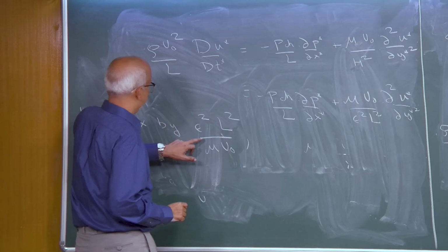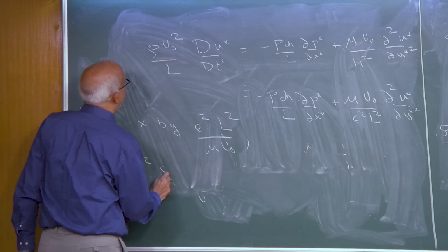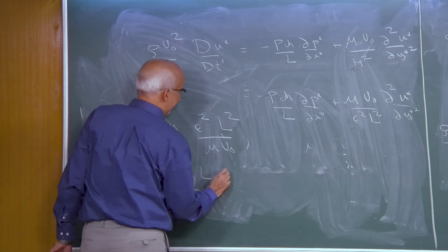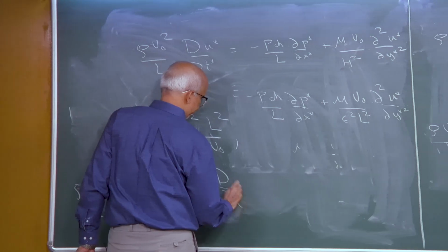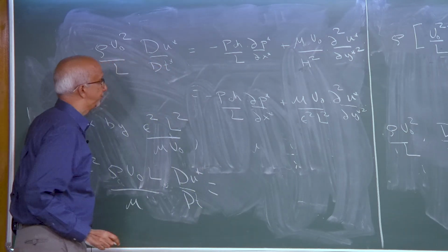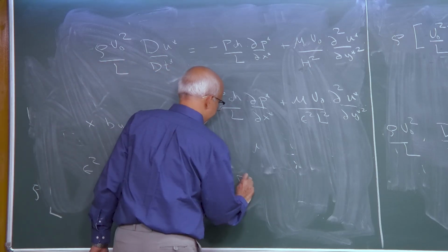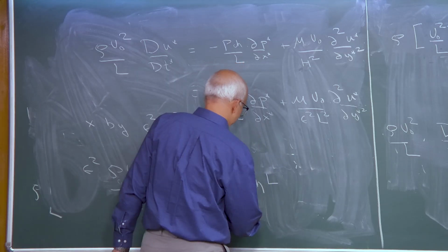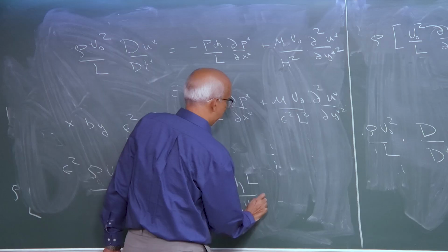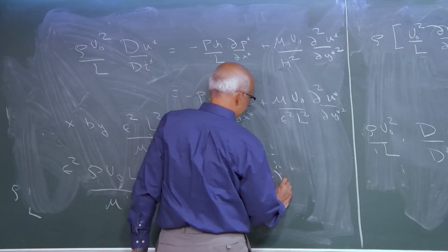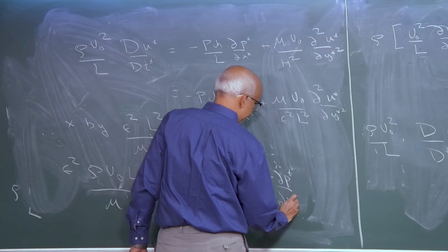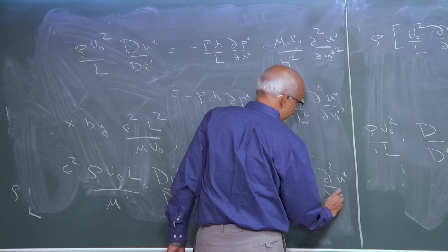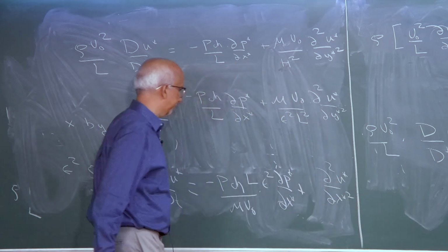If I multiply this equation by this, I will get epsilon squared rho u naught L by mu times d dt of u star equals minus P characteristic times L by mu u naught times epsilon squared times dp star by dx star plus d squared u star by dy star squared. That is what I got.